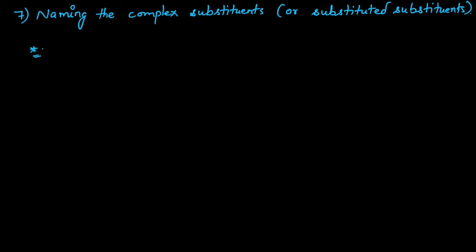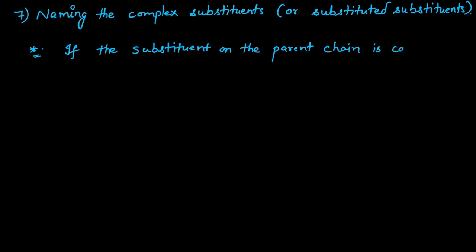This particular rule says that if the substituent on the parent chain is a complex substituent, that is, a branched substituent.